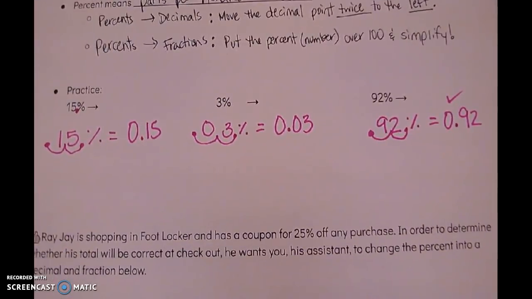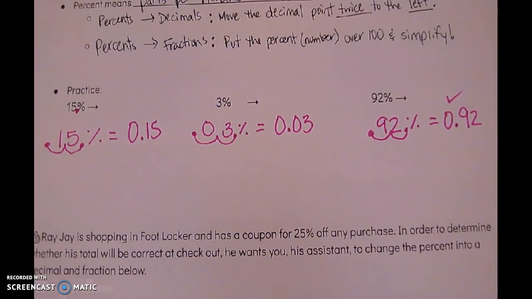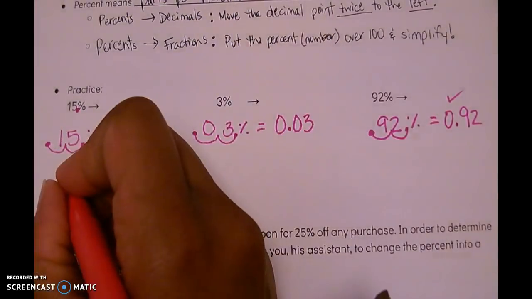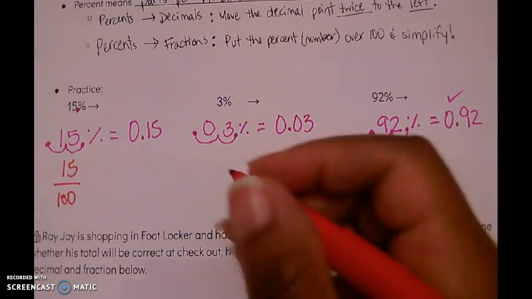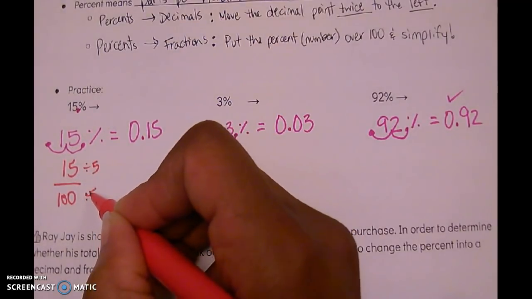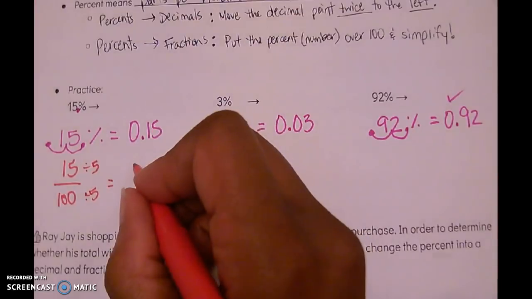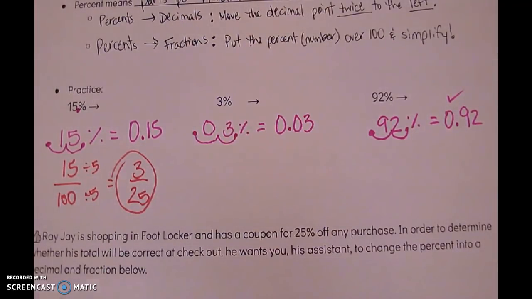So if we look at 15%, this is the same thing as saying 15 parts per 100. And then from there we can simplify. I know that the top and the bottom numbers are both divisible by 5, so that's going to leave me with 3 over 25 as my fraction.